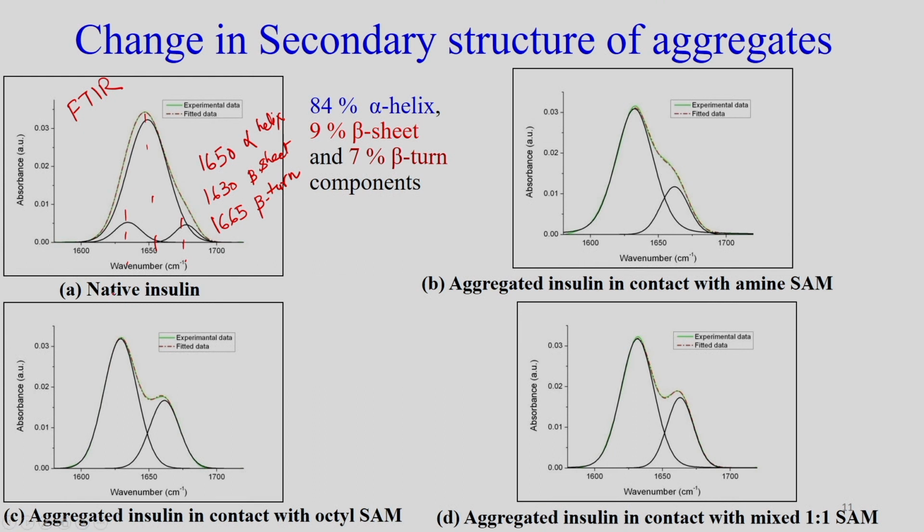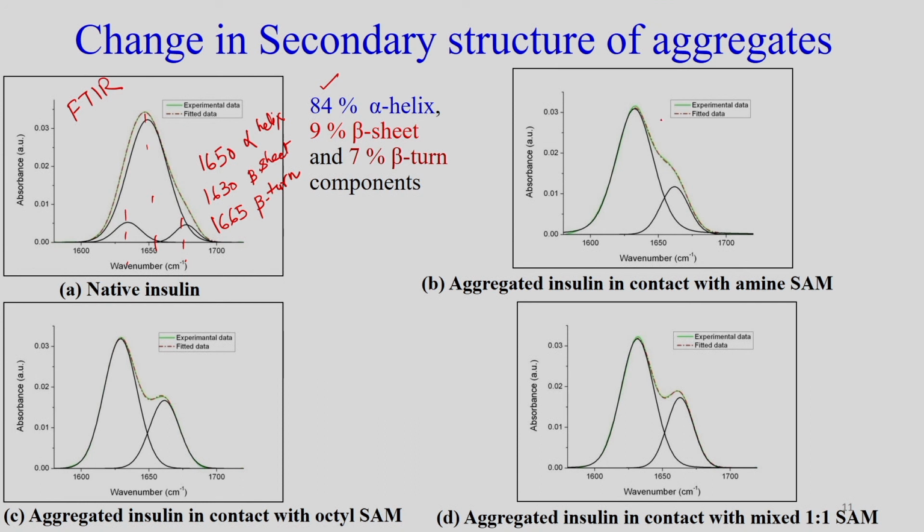Depending on the peak area, one can calculate the relative fraction, or the contribution of the alpha helix, beta sheet and beta turn. So, native insulin consisted of 84% alpha helix, 9% beta sheet and 7% beta turn.